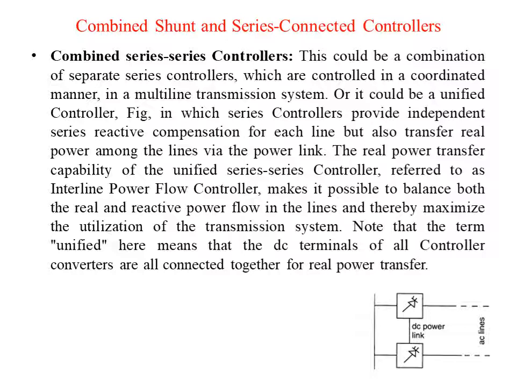Here the figure shows two separate series controllers, one for the upper line and one for the lower line, which control each line separately, and a DC link power is also provided. By controlling this DC link power, we can control the two series controllers simultaneously. So there is a combination of separate series controllers, depending upon the transmission system present in the power system.